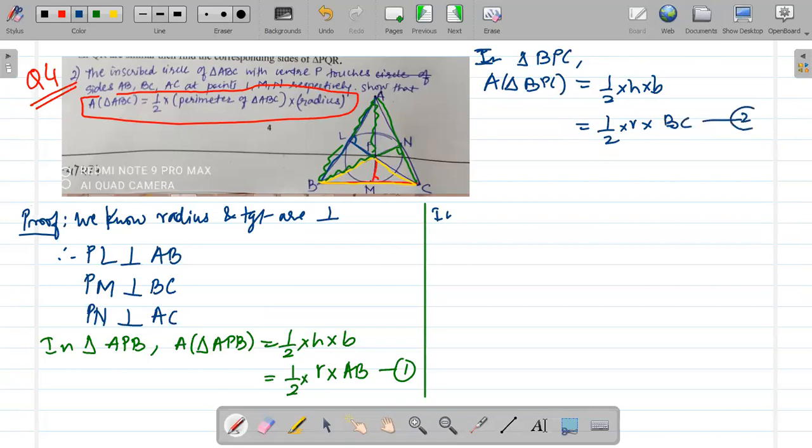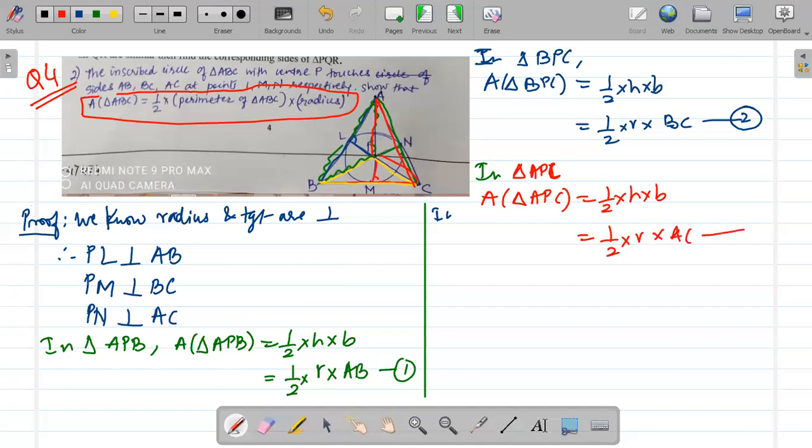This is equation 2. Likewise, we write equation 3 for the triangle left out, triangle APC. The area of triangle APC is half times height times base, where the height is the radius R and the base is AC. So this is our equation 3.